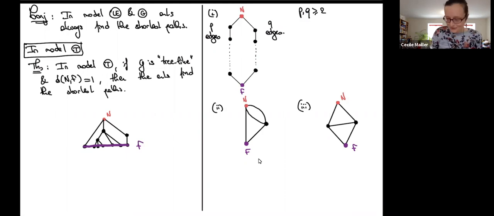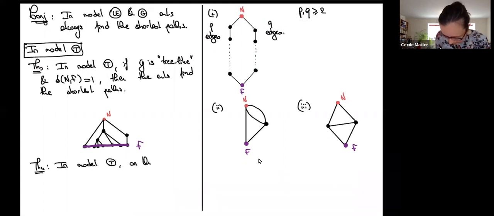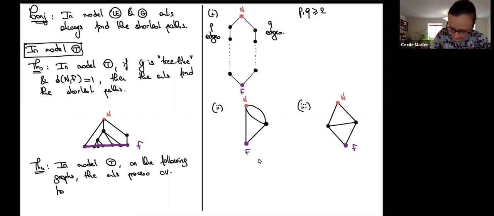Now to the bad news. The bad news is that in fact, in general, urns don't find the shortest path. And I'm going to give you some counterexamples to that. So in model T, on the following graphs, the urn process converges to some limiting weights, and I'm going to write these limiting weights in green.